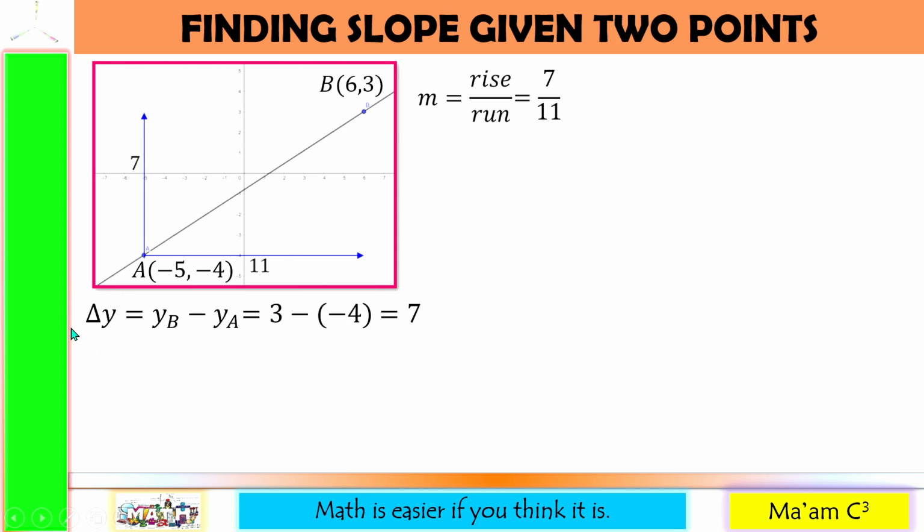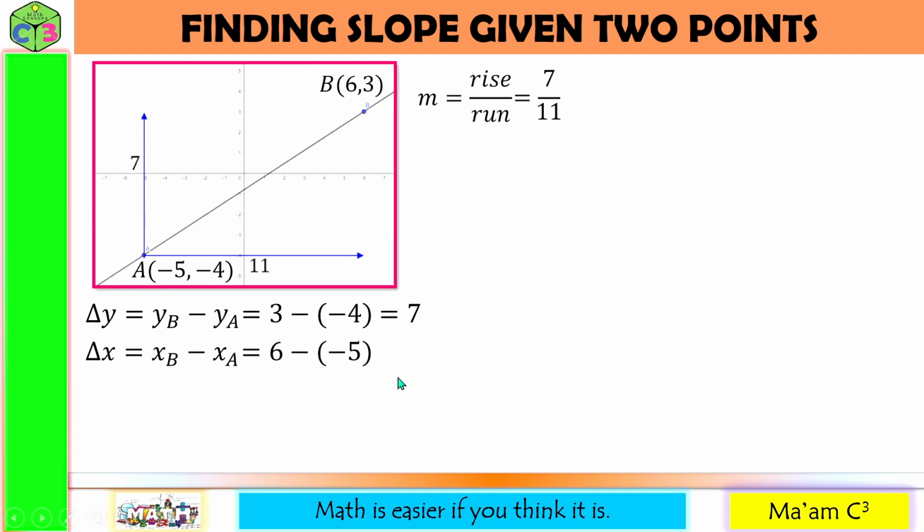Notice that the change in y, which is 7, is the same as our rise, which is also 7. Now, let us see if that follows with the run. This time, I need delta x, change in x. So, the x coordinate of point B minus the x coordinate of point A. This is point B. The x coordinate is 6 minus the x coordinate of point A, negative 5. So, 6 minus negative 5. Again, negative, negative, this will become positive.